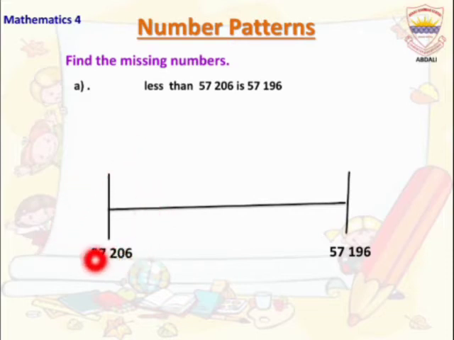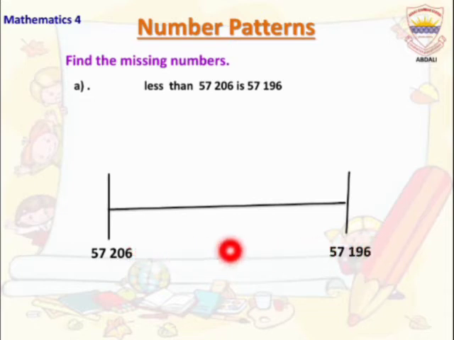First of all, we write 57,206 at the left side of the number line and we write 57,169 at the right side of the number line. Students, now find the difference between these two numbers, 57,206 and 57,169.